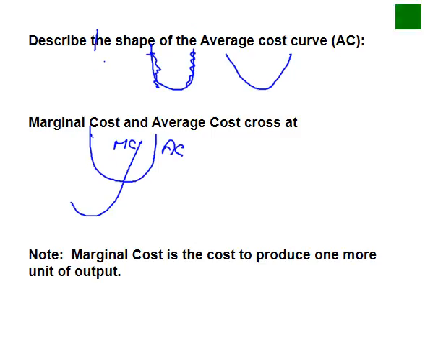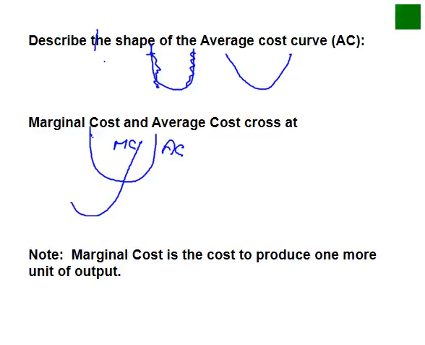So just a quick review to make sure that you remember what we've done. The shape of the average cost curve is basically a U or a parabola. Actually, it should be maybe perhaps a little bit more on an angle, not up and down on either side. Marginal cost and average cost cross at the minimum.